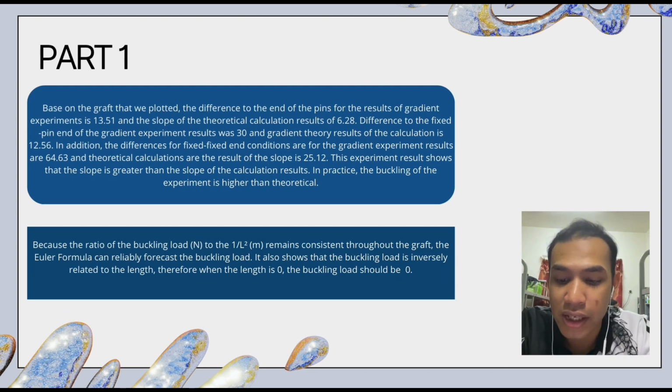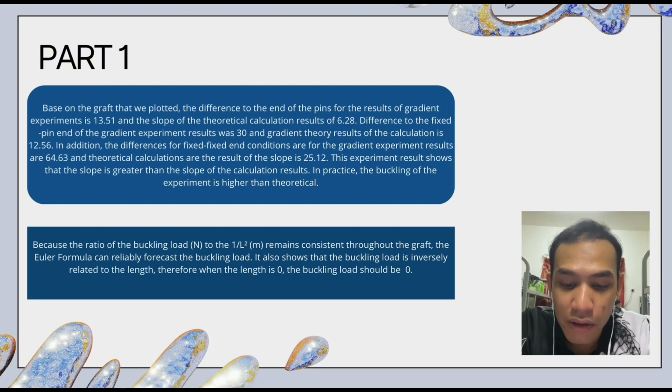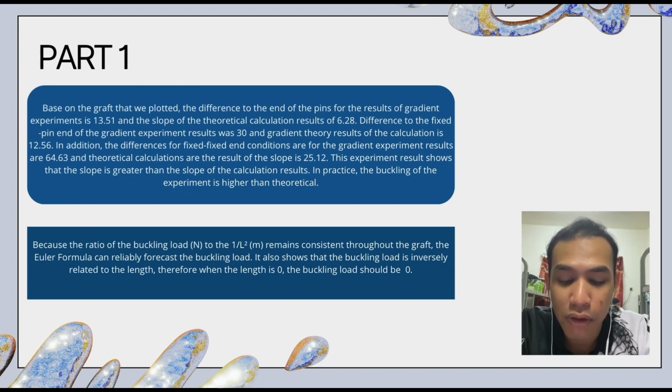In addition, for fixed width, the gradient experiment result is 64.63, and the theoretical calculation result for the slope is 25.12. This experiment result shows that the slope is greater than the slope for the calculation result. In practice, the buckling of the experiment is higher than theoretical.